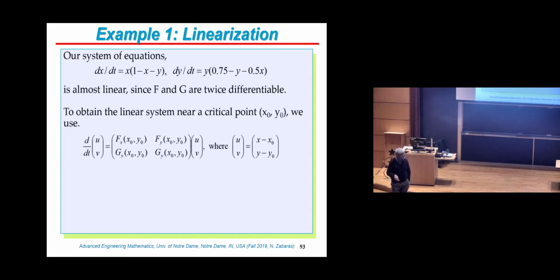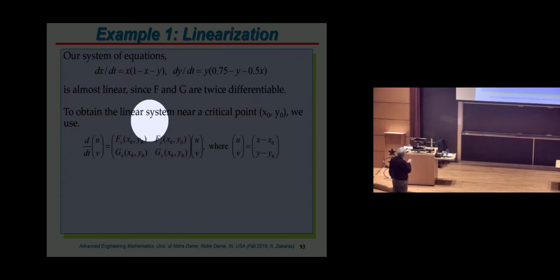So you basically have to move the critical point always to (0, 0). That's why now from the variables x and y, I have moved to the variables u and v that are x minus x0 and y minus y0. So for example, for the (0.5, 0.5) critical point, your variables will be x minus 0.5 and y minus 0.5. And this is the Jacobian matrix as we discussed.